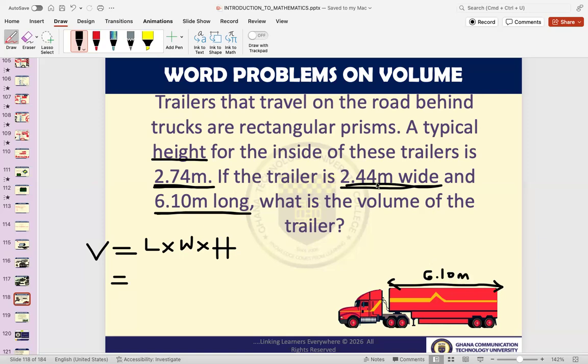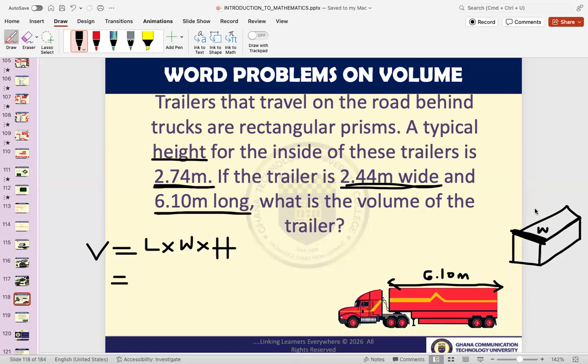And then if the trailer is 2.44 meters wide, that side we are not seeing, but this is how the container looks like. So after getting the length, this would be the width, this side at the back.